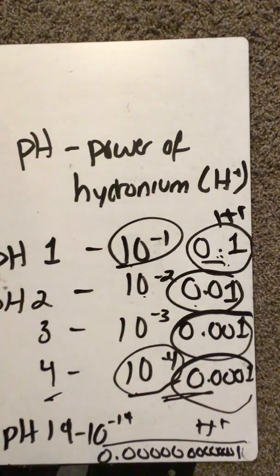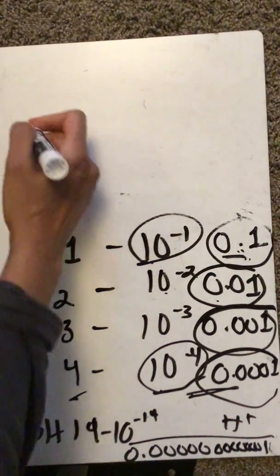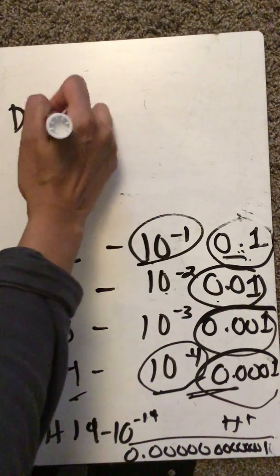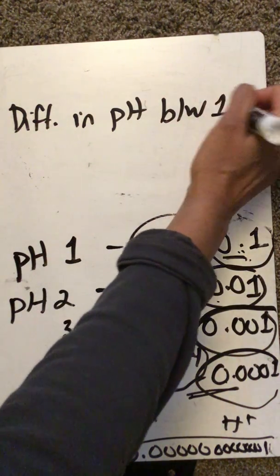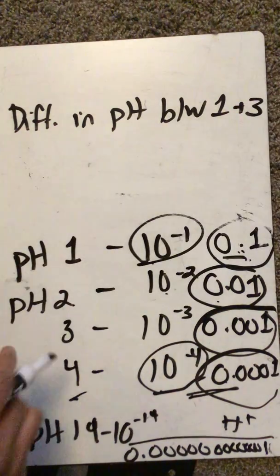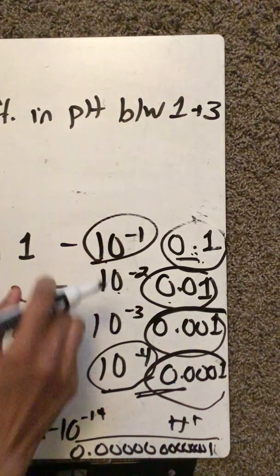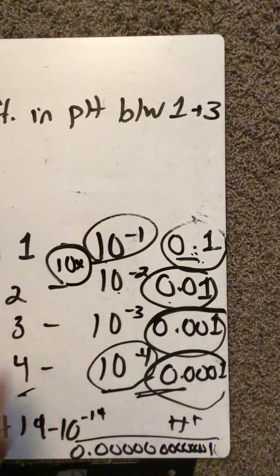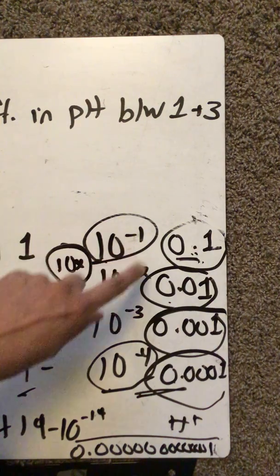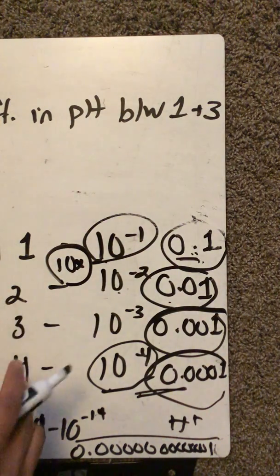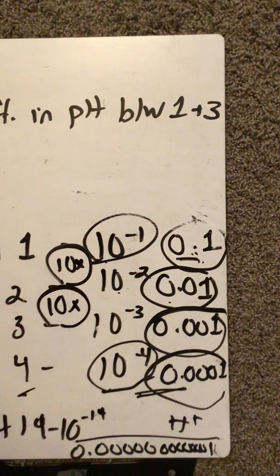So they ask you to do calculations. What if they said, what is the difference in pH between 1 and 3? Well, you can see that between 1 and 2 there's a 10 times difference. 10 to the negative 1 is 10 times more than 10 to the negative 2, and between 10 to the negative 2 and 10 to the negative 3, that's also 10 times.